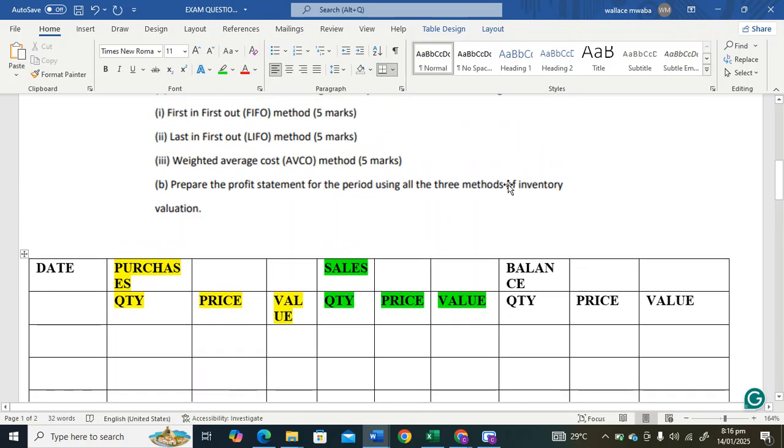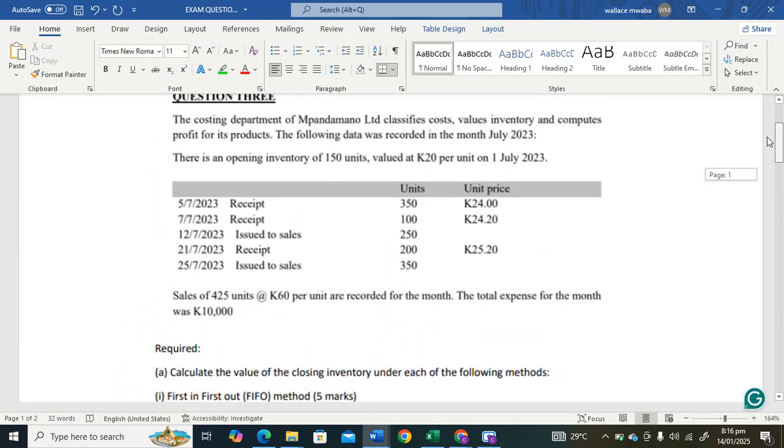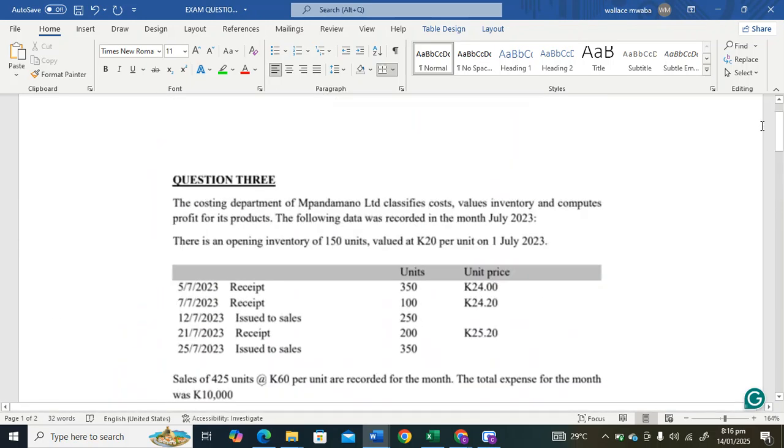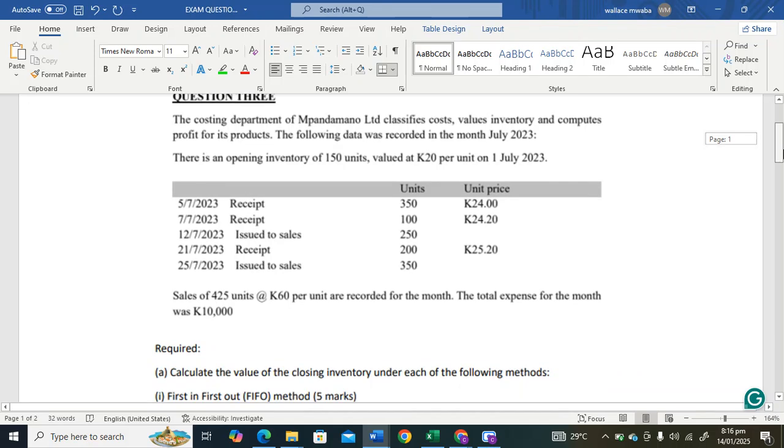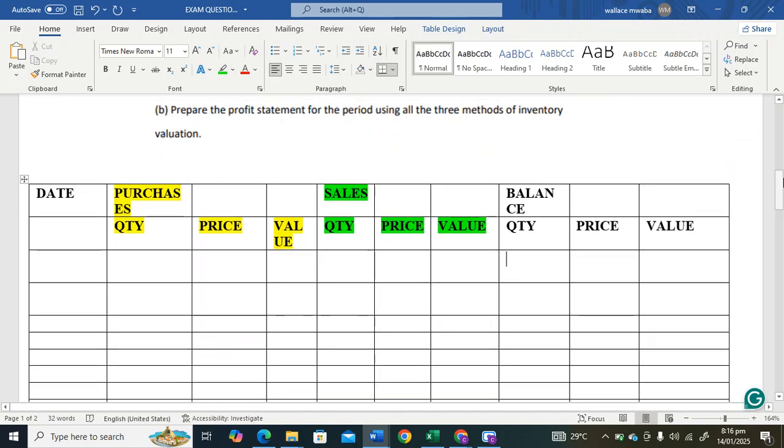Okay, so we're going to start with the first in, first out method, FIFO. First thing, you need to take note of your opening inventory. Here we have 150 units valued at 20 kwacha per unit. So we're going to come to our stores ledger here. On the date, we're going to put 1st July, July is the seventh month, so 1st 07 2023.